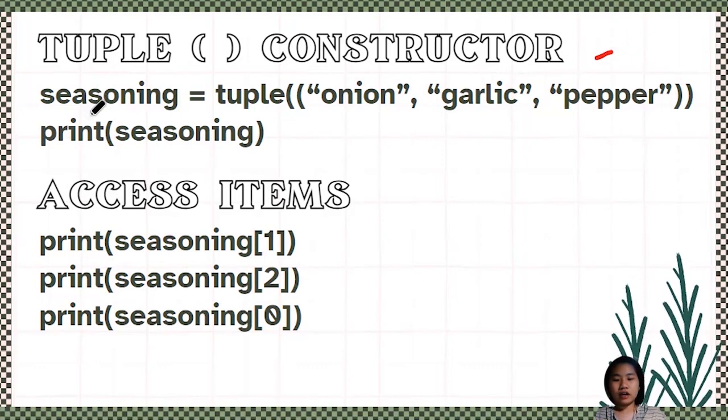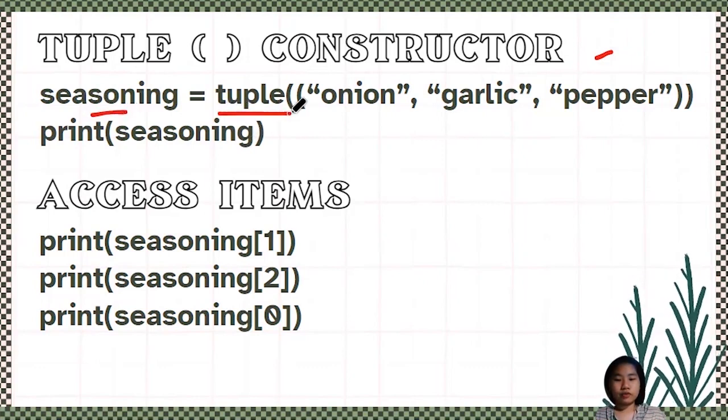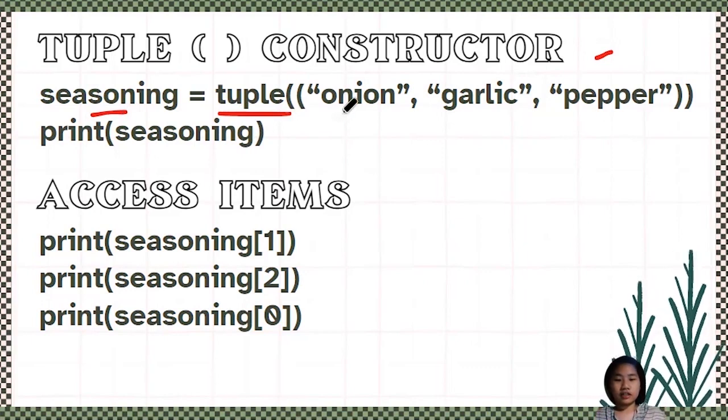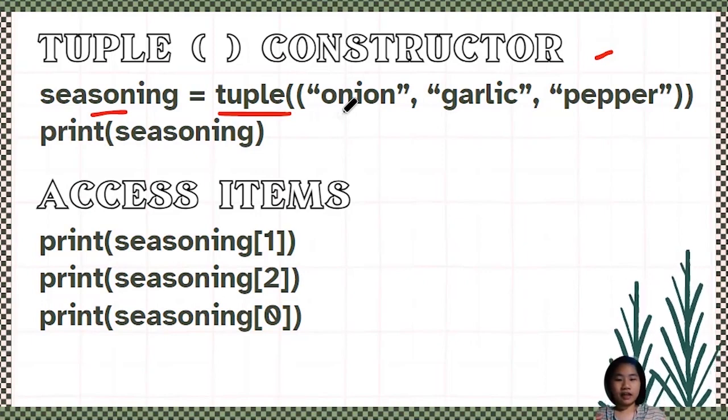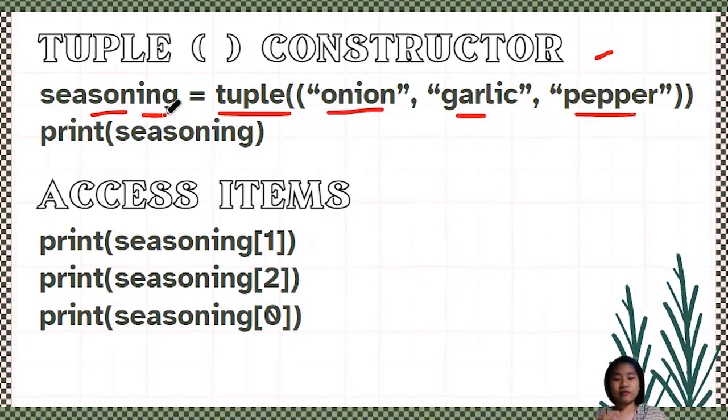We have our seasoning variable, and then we have the tuple constructor. It basically helps to construct a tuple. It's very simple like that. And in this tuple, we have onion, garlic, and pepper for our seasoning variable.